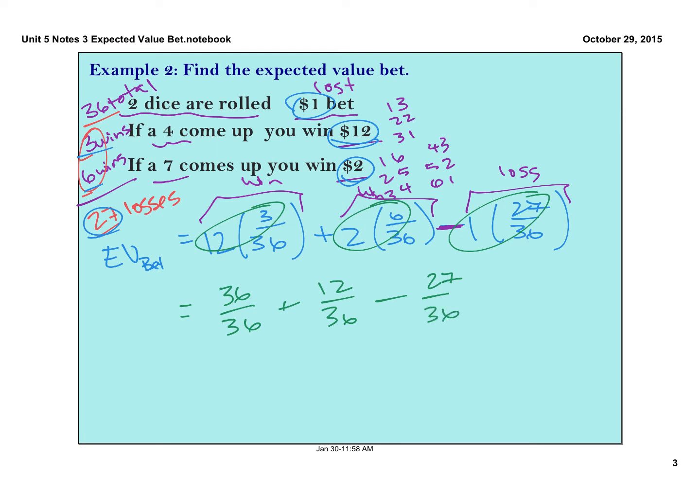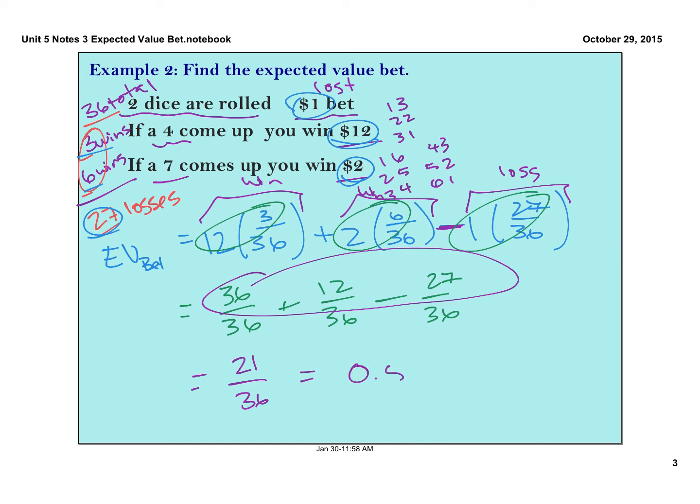Add those numerators together. 36 plus 12 is 48. 48 minus 27 is 29, I think. 48 minus 27, I was just kidding, 21. Hello, I can do math in my head, I promise. 21 out of 36, but nonetheless, it's positive here, so that's good. 21 out of 36 is 0.58.